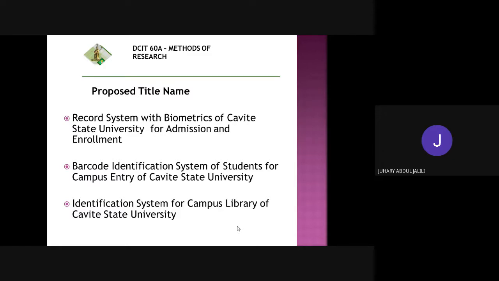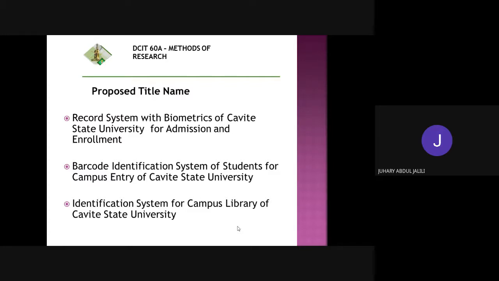So this kind of system would use biometrics in order to pull up all those records, and in the case of newly admitted students, their records would be recorded alongside their biometrics so that they can pull up that information in no time.